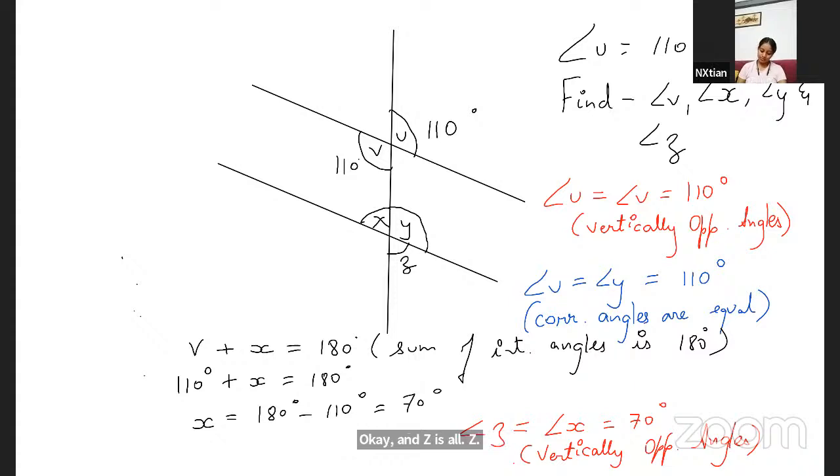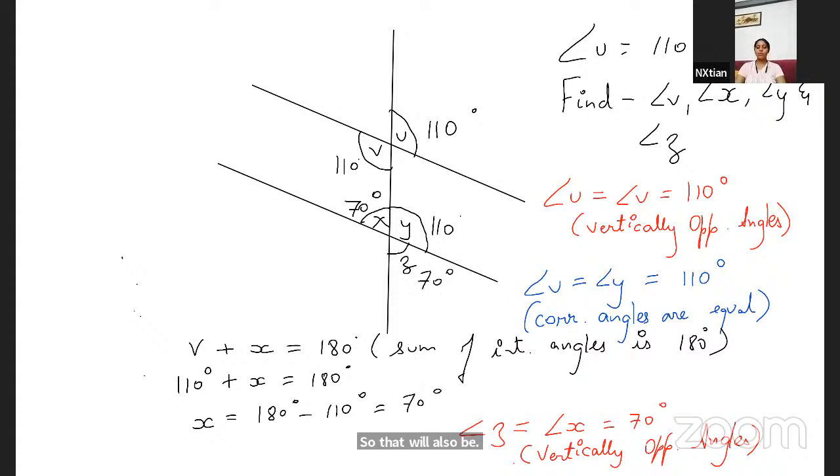Y is how much? It's 110. Very good. Y is also 110. And then x is how much? 180 minus 110. So z will also be 70 degrees.